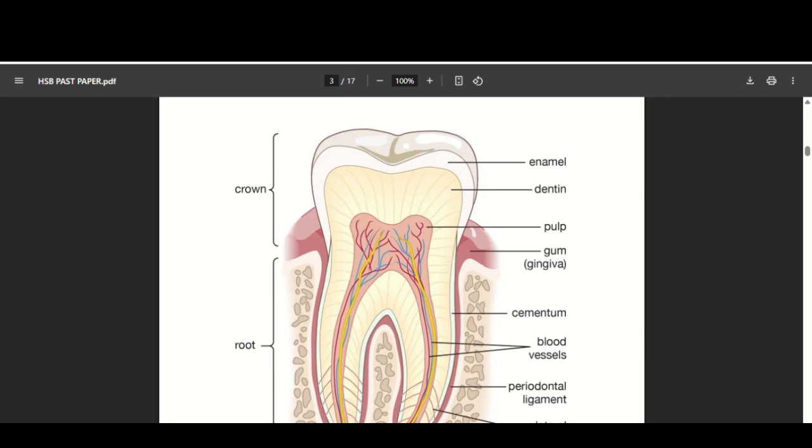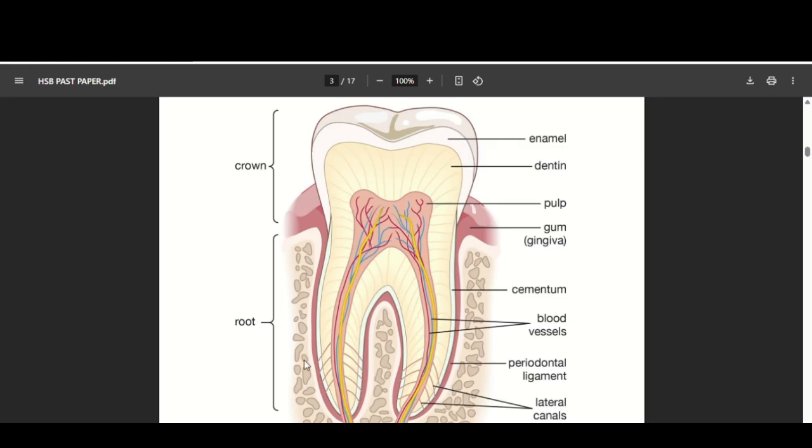This tooth should be in your textbook. They might ask about it, and if you have never seen this before, now you have to see how it looks. Up here is the crown, that's what's above the gum, and all of this down here is the root and the different parts in it. We have enamel and then we have the dentin.